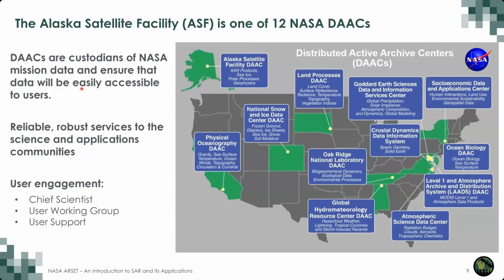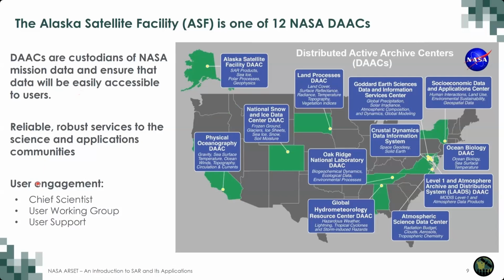And so again, ASF is the data center for SAR data in that space. We provide reliable and robust services to the science and applications community to discover, access, and work with the datasets that we are the custodians of. ASF does a lot of user engagement also with the community through myself as the chief scientist, through an organization that's the so-called user working group.